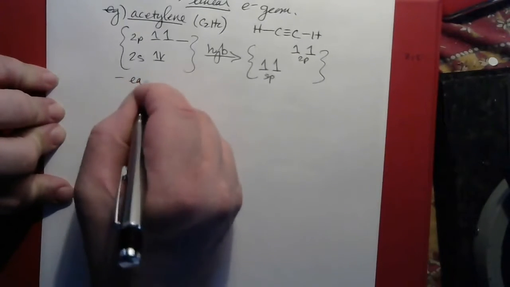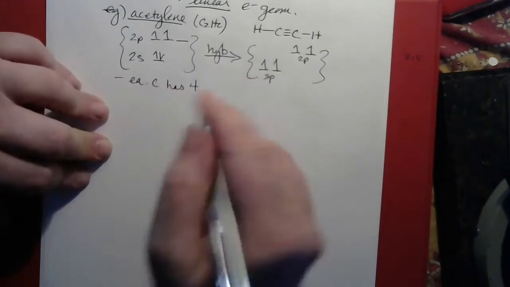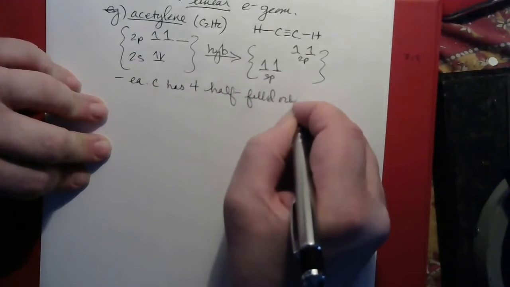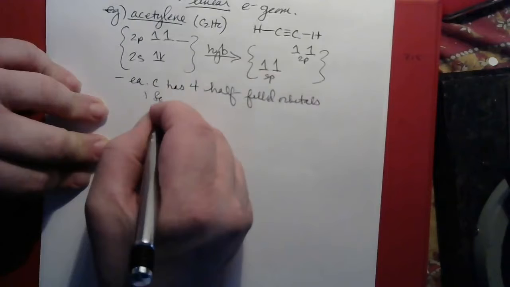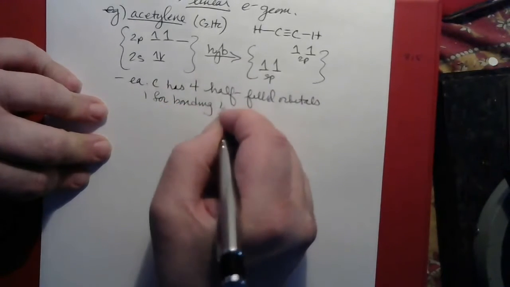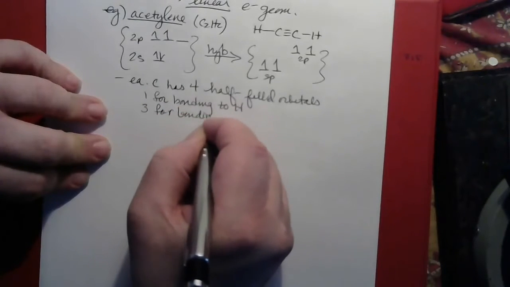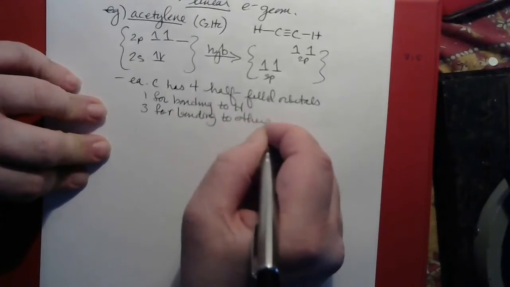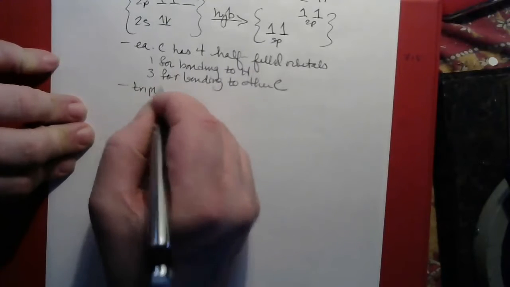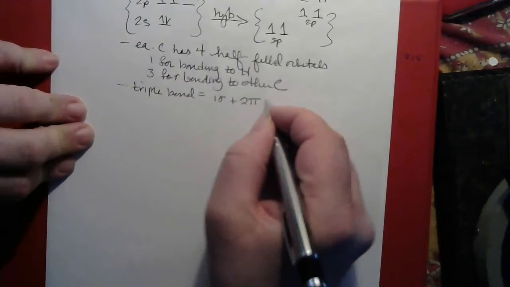Okay, so each carbon has 4 half-filled orbitals. One for bonding to the hydrogen, and 3 for bonding to the other carbon. And a triple bond is actually made up of 1 sigma bond and 2 pi bonds.